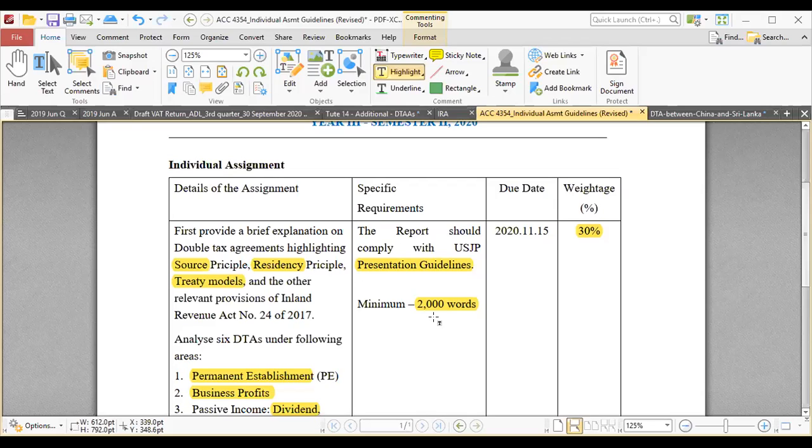The minimum limit is there to have a good report, and the maximum you can write as you wish. It's better if you stay below 5000 at least. Then you can come up with a standard assignment.